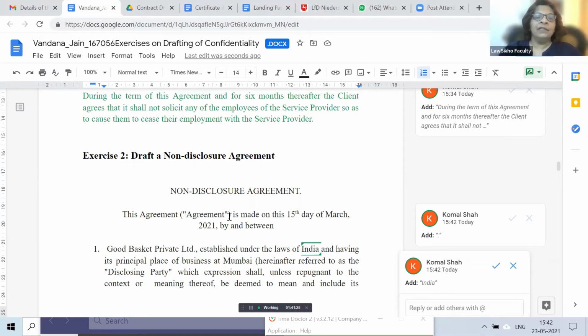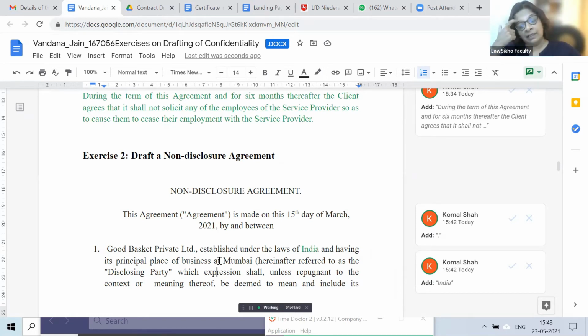Okay. Established under the laws of India and having its principal place of business at Mumbai, hereinafter referred to as disclosing party, which expression shall. So you have to understand where the information is flowing in an NDA. Here the information is flowing only one-sided, from the investee entity to the investor entity, right?